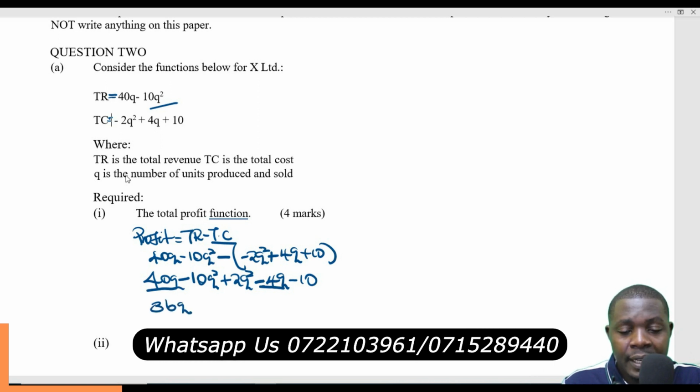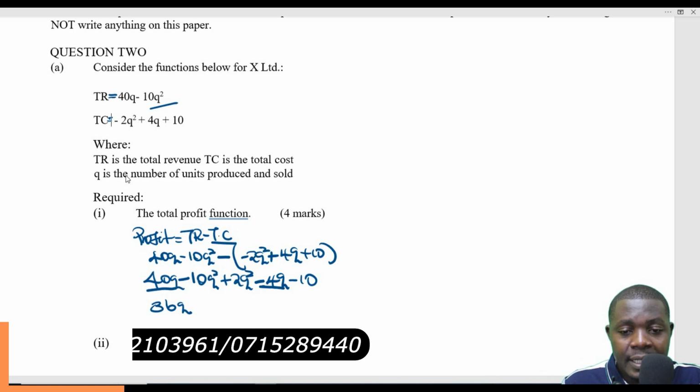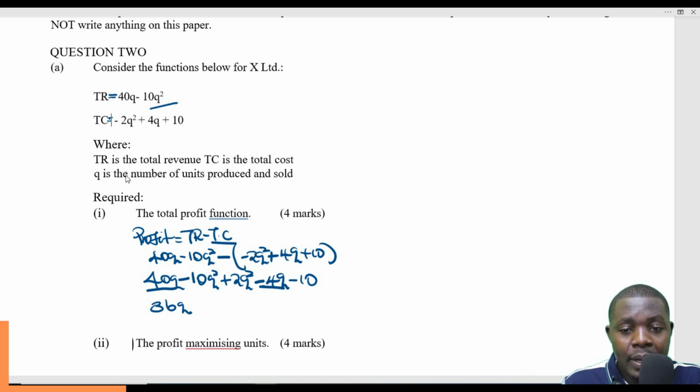Then negative 10Q squared plus 2Q squared, we get negative 8Q squared minus 10. That is the total profit function.